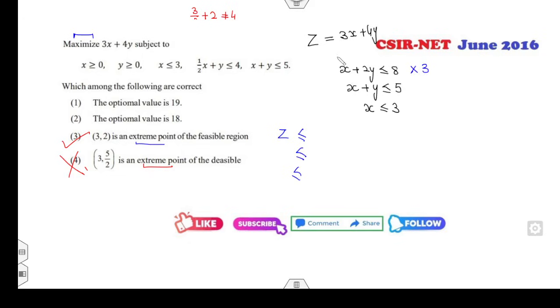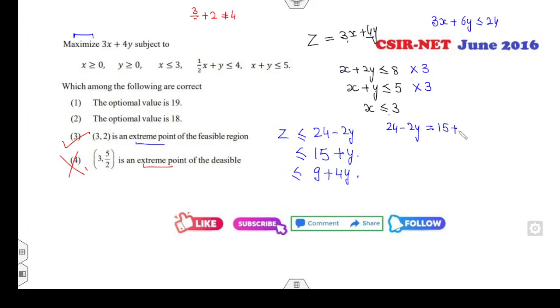It will be 3x plus 6y is less than 24. आपको 4y चाहिए, 2y दूसरी तरफ ले जाओ: 24 minus 2y. सेकेंड वन इज, इसको भी 3 से मल्टीप्लाई कर दें. 3x प्लस 3y. आपको 4y चाहिए, सो आई कैन ऐड प्लस y, लेस देन 15. इसको भी 3 से मल्टीप्लाई कर दो. सो दैट विल बी 3x इज लेस देन 9. आई कैन ऐड प्लस 4y ऑन द बोथ साइड, 9 प्लस 4y. नाउ यू हैव द 3 इक्वेशंस. अब तीनों को सॉल्व कर लेते हैं. सो दैट विल बी 24 माइनस 2y, 15 plus y, 9 plus 4y.